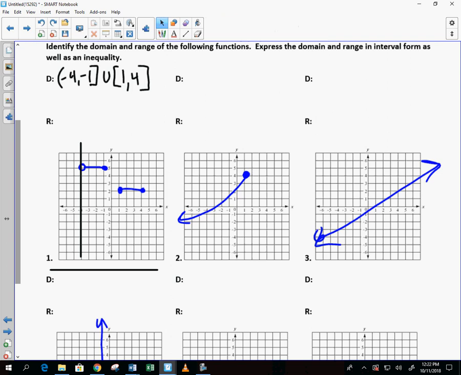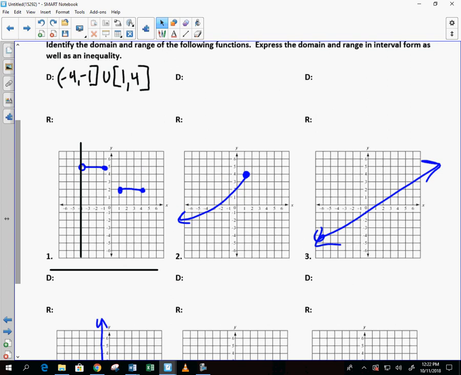Now I'm going to do the range. And for the range, I like to drag a horizontal line. Don't let go. You might lose it.